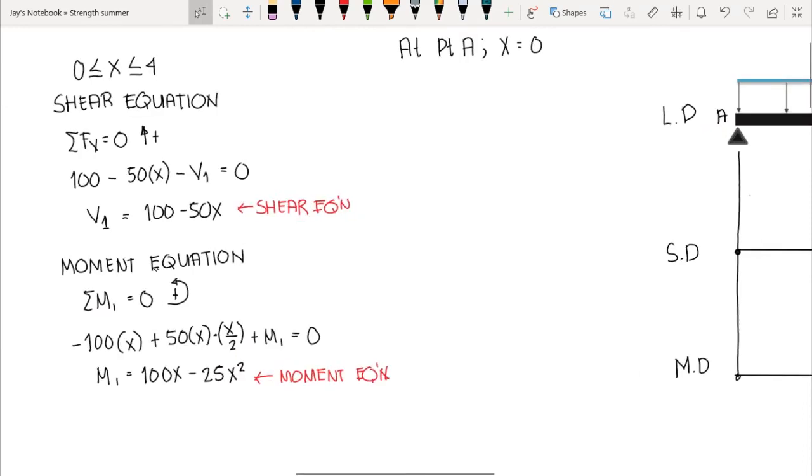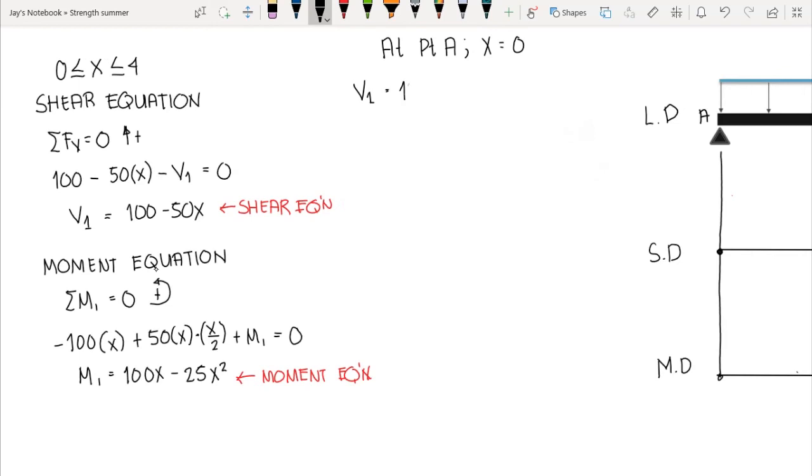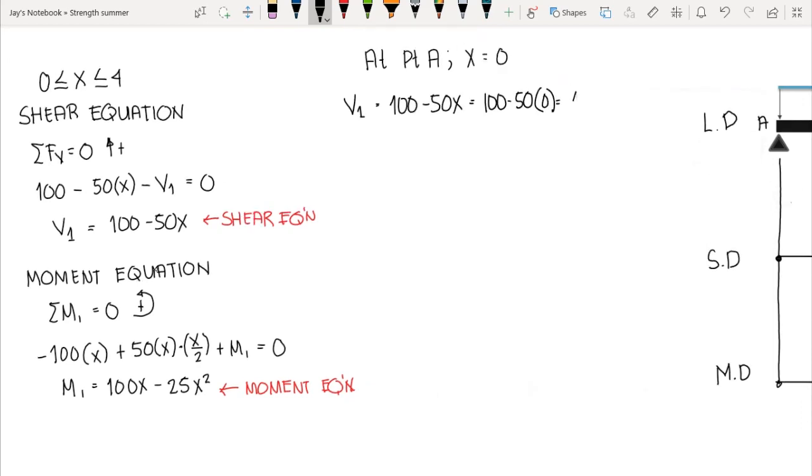So we can compute the shear from point A. Using the shear equation, we have 100 minus 50x, and then we substitute the value of x, that is 0, so we have 100 minus 50 times 0, this gives us 100 kilonewton.